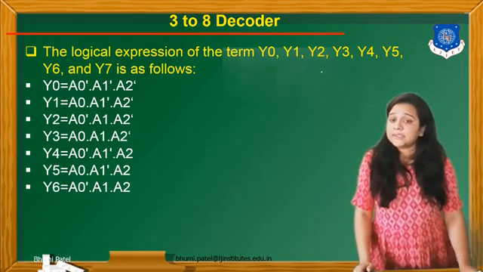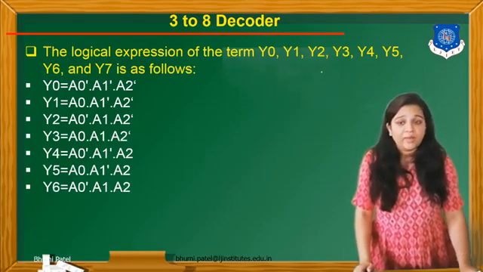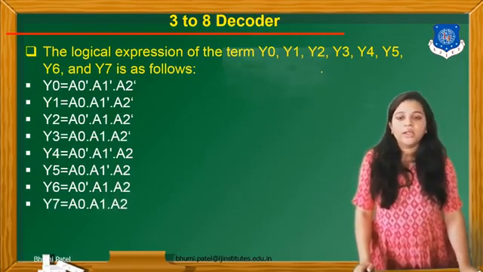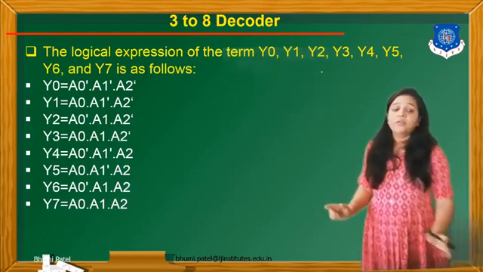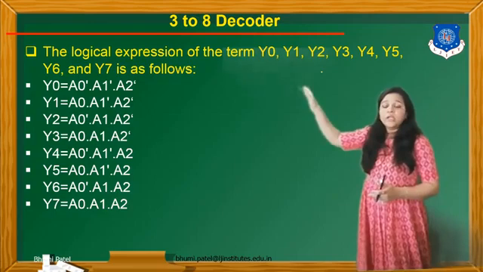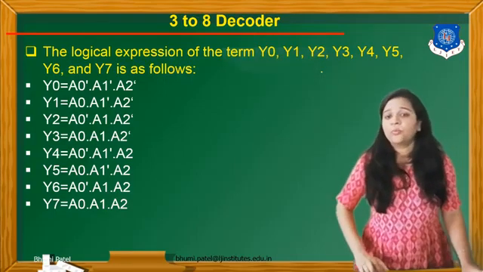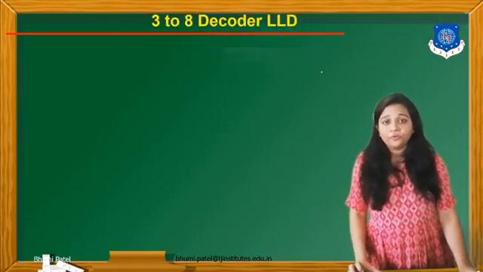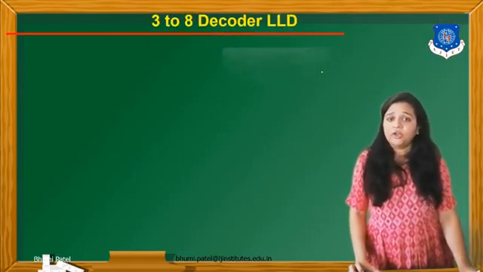Y6 is equal to A0 dash, A1, A2. And Y7 is equal to A0, A1, A2. If all the inputs are high, we get the Y7 output, and if all the inputs are low, the first output is Y0.